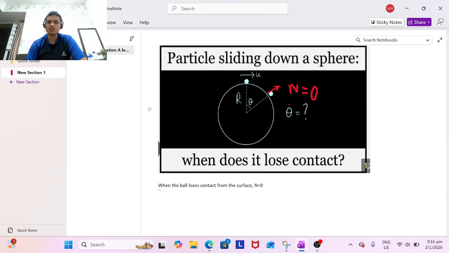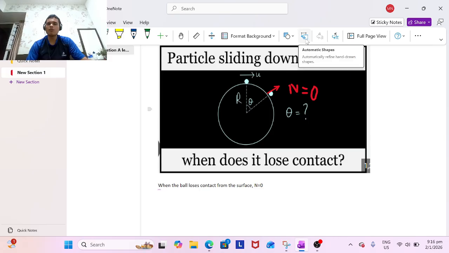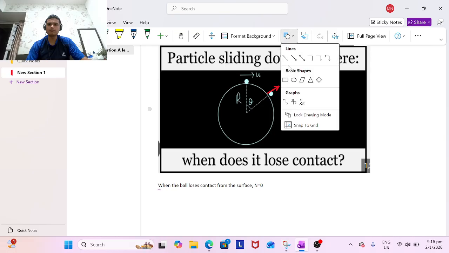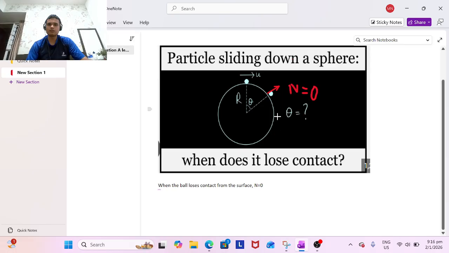And the answer is the weight of the ball plus the centripetal force needed for the ball to move in a circular motion. So if we draw both these things, you have the weight of the ball, which is this way.